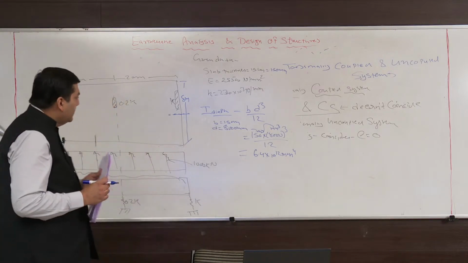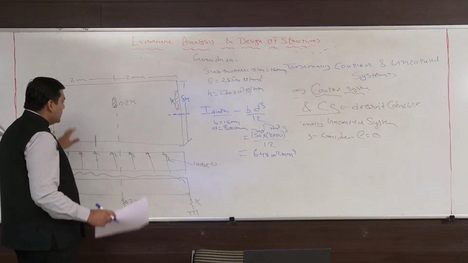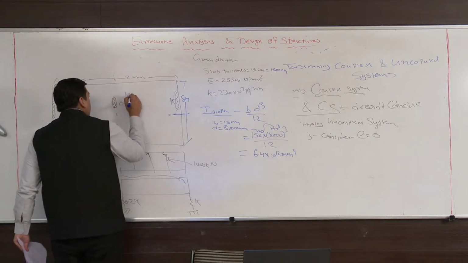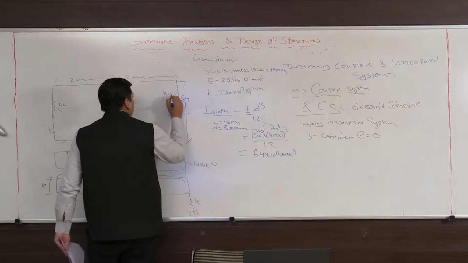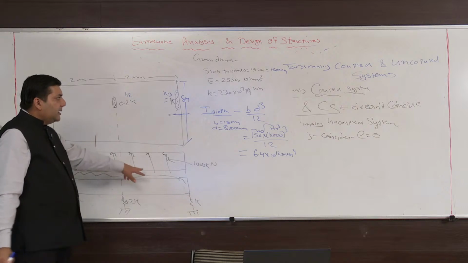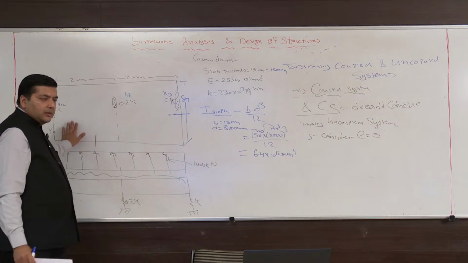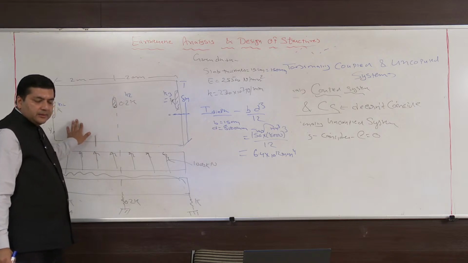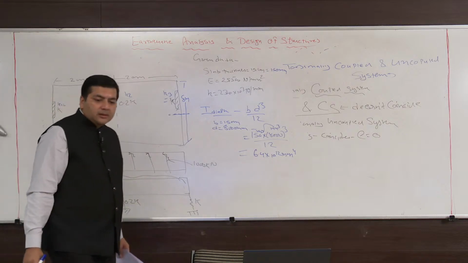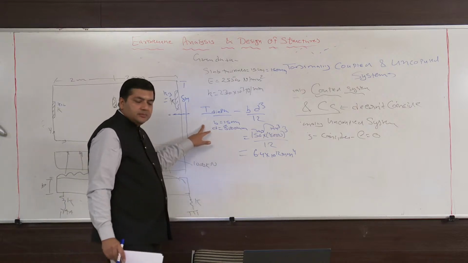How we will distribute the load? This is K1. K1 is equal to K, K2 is equal to 0.2 K, K3 is equal to K. So we have to distribute this lateral force with respect to their individual stiffness, right?